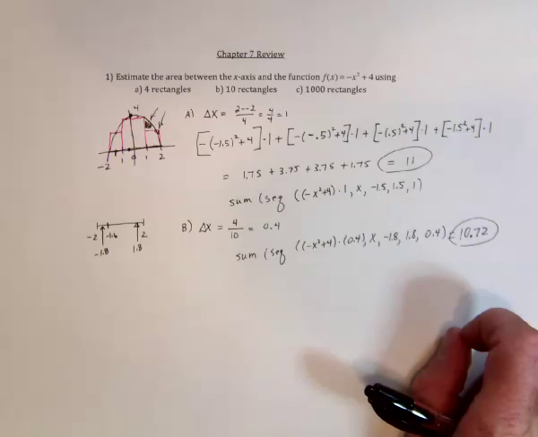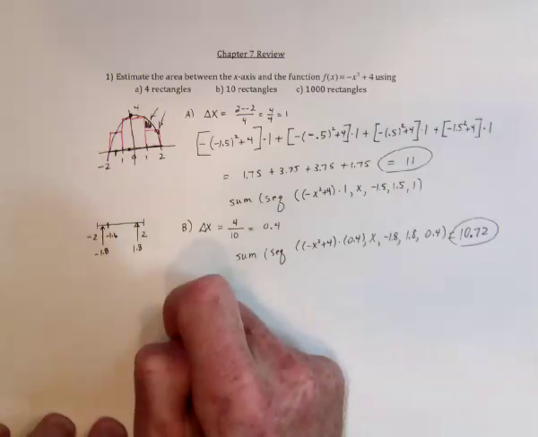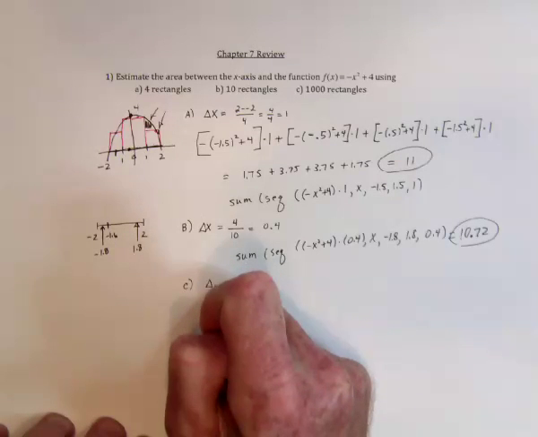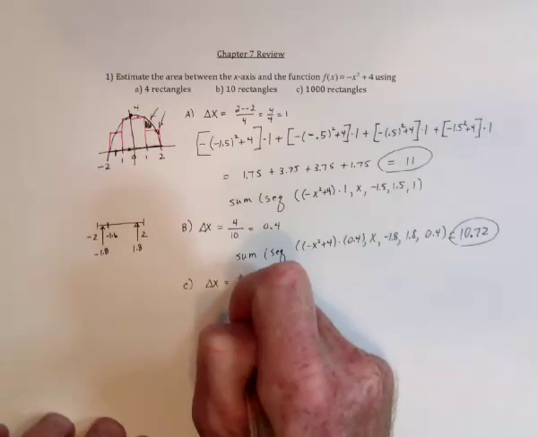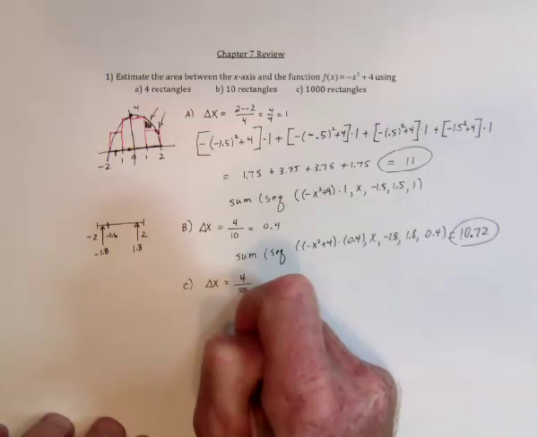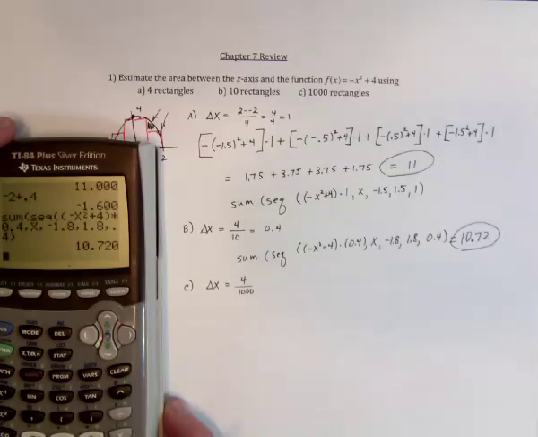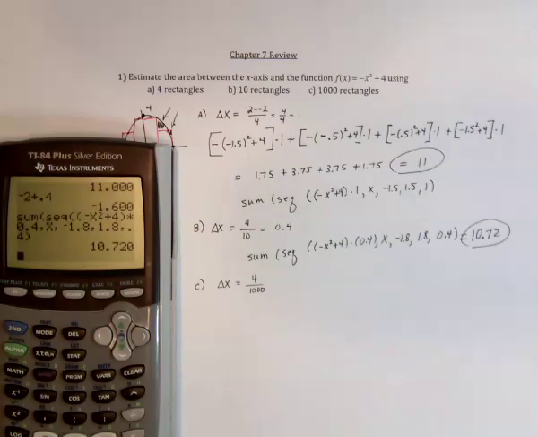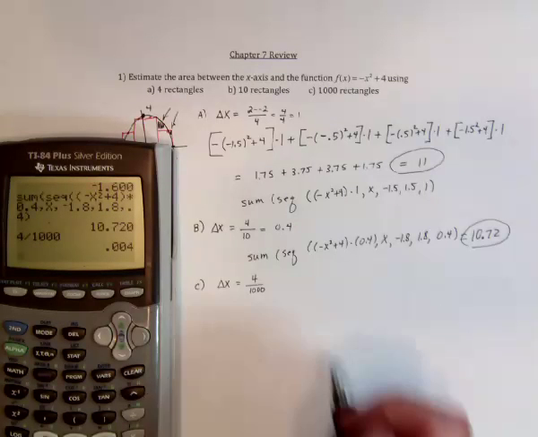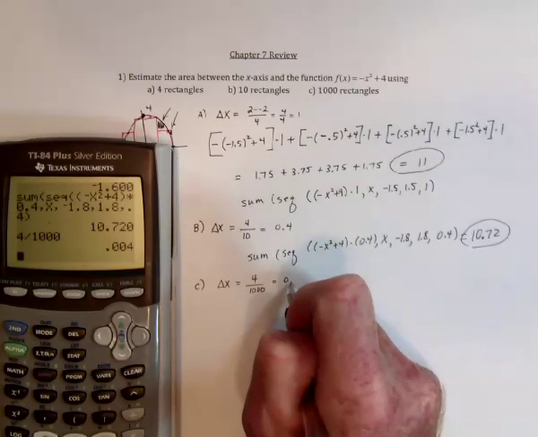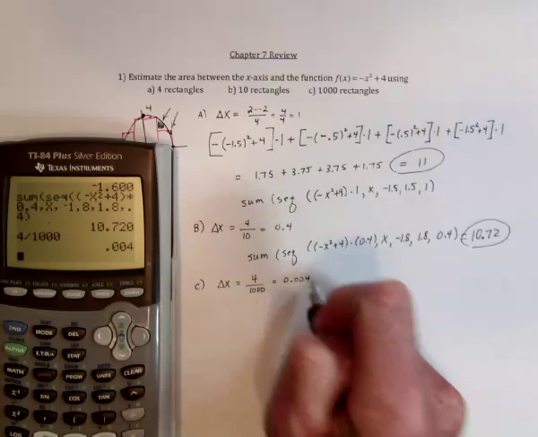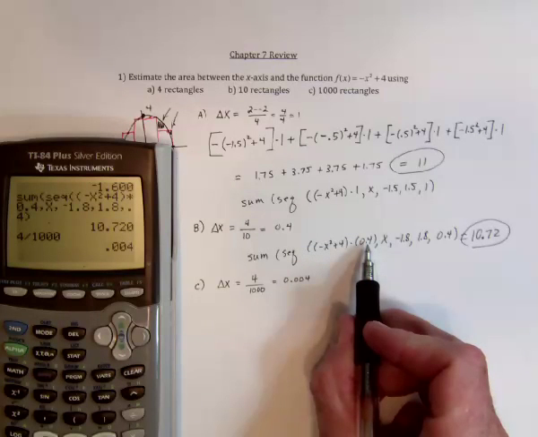Now do it with 1,000. So first of all, the width is going to be the original length of 4 divided by 1,000, so 4 divided by 1,000 is 0.004. So that's going to go right here, 0.004.